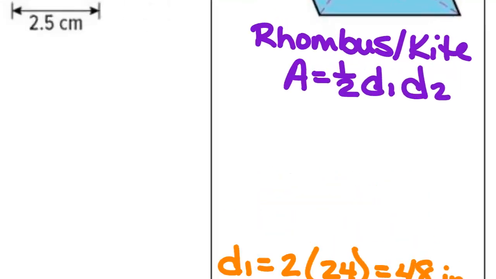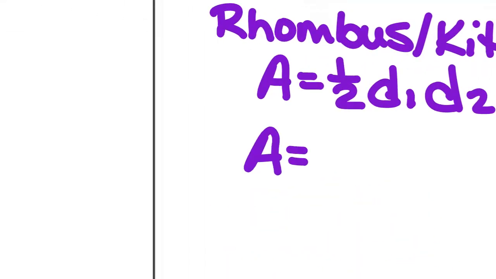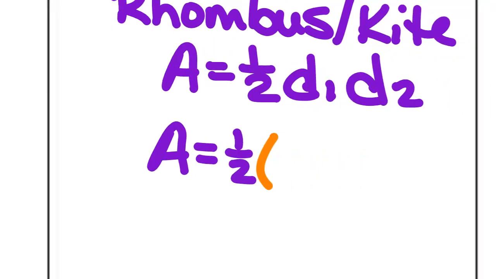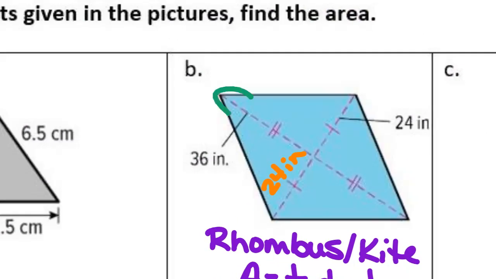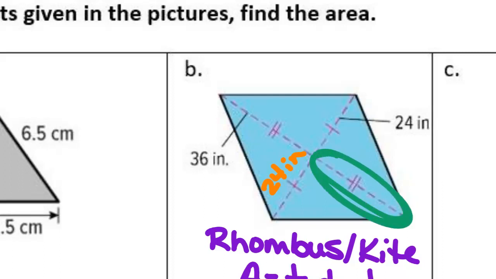So I can go ahead and sub that into my formula. Area is 1/2 times 48. And then we have diagonal 2. I know this bit right here is 36 inches. So how big is this bit? Also 36 inches.